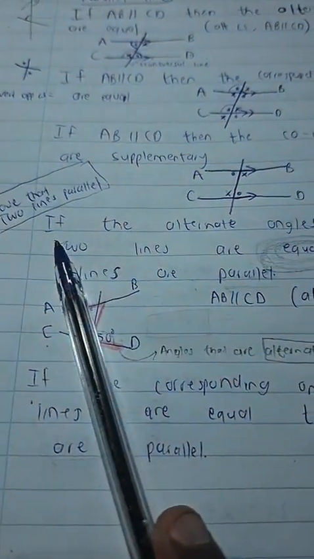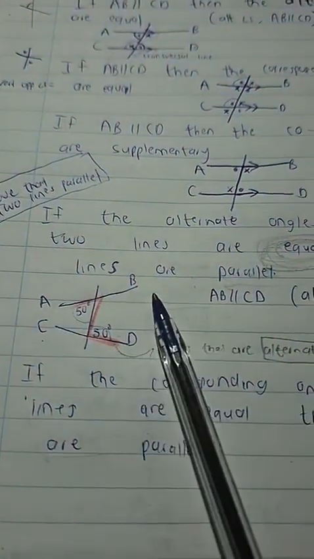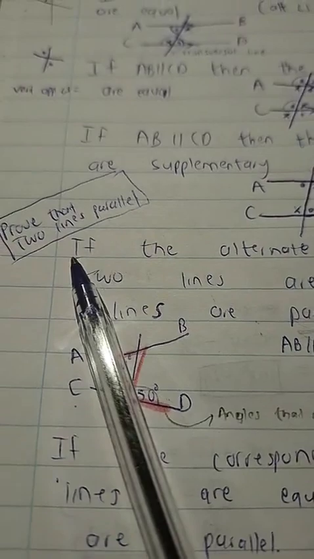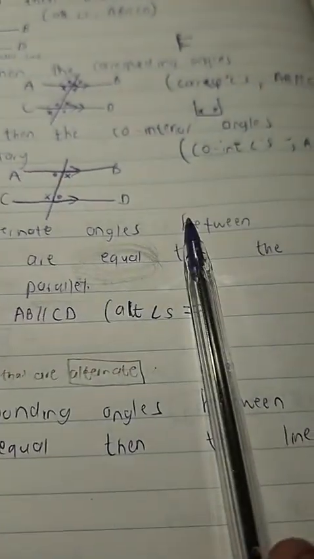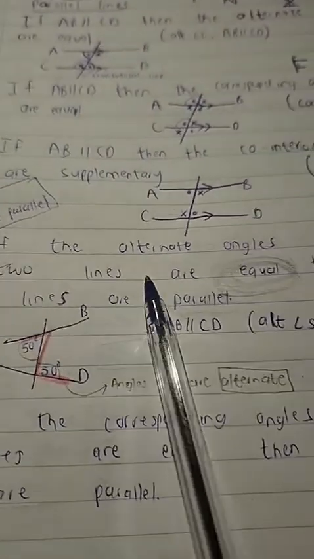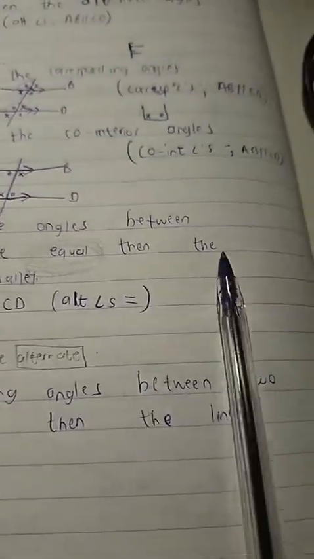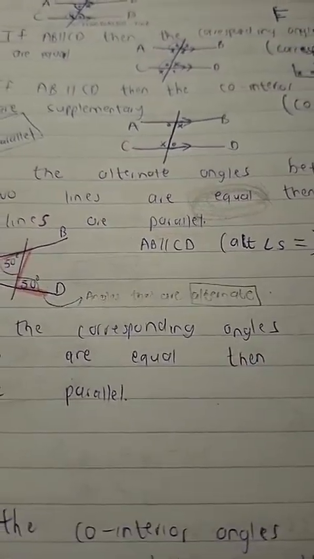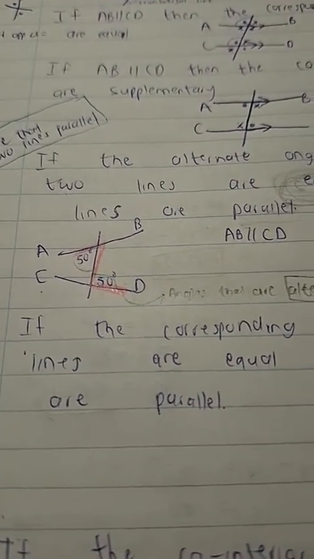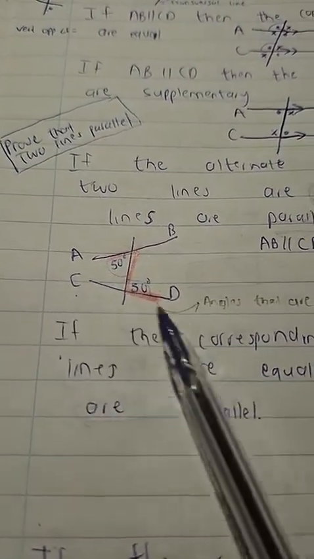The first one I've just explained to you. I'm repeating: if the alternate angles between two lines are equal, then the lines are parallel. So do you remember what I said? I asked you, is AB parallel to CD?